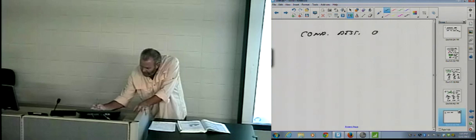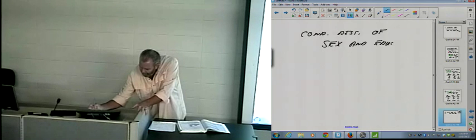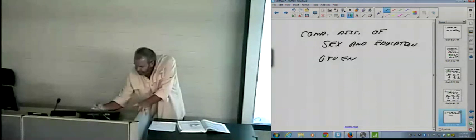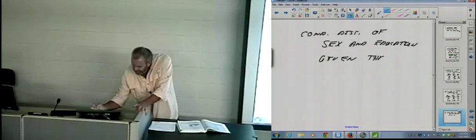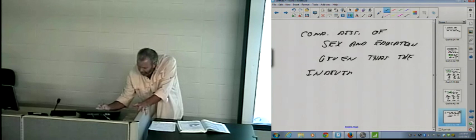Let's look at the conditional distribution of sex and education given that the individual said job outside.